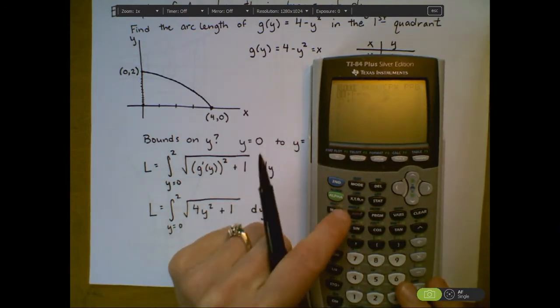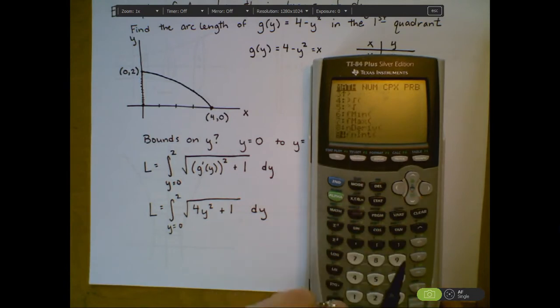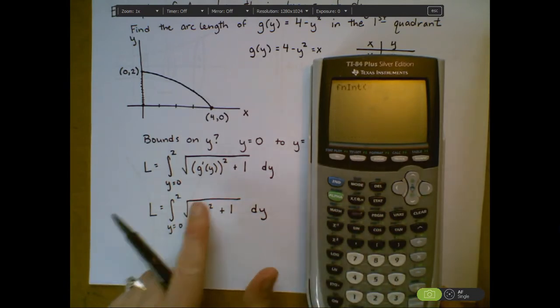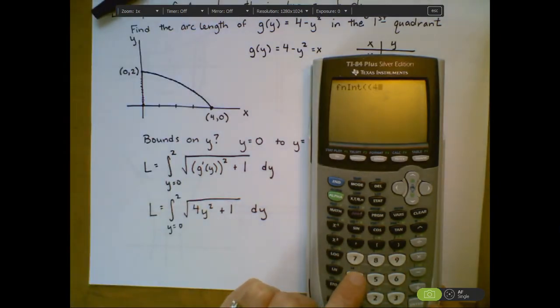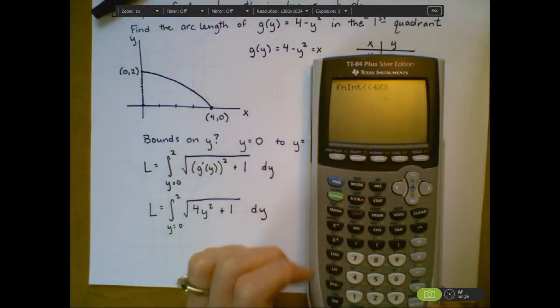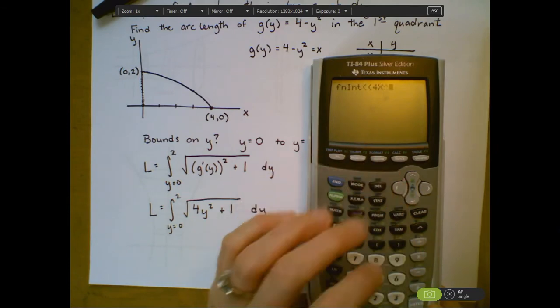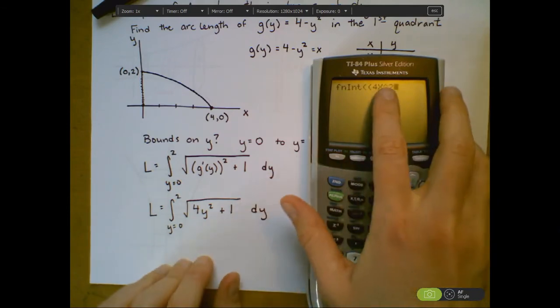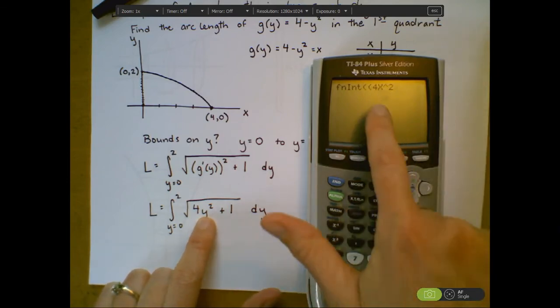Recall that I'm going to go to math, I'm going to go down to where it says integrate, and the function in this case is the function 4y squared. Notice that in this calculator, when I do the variable key, it doesn't give me the option to turn this into a y.